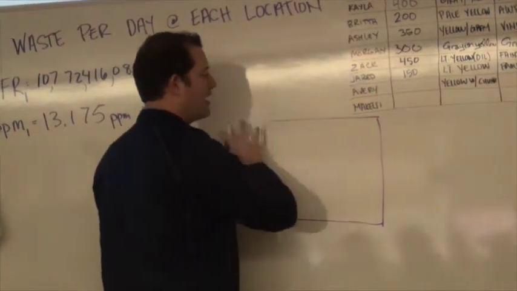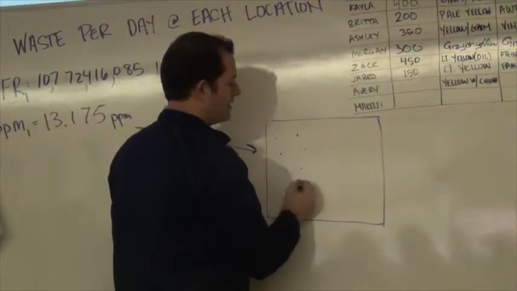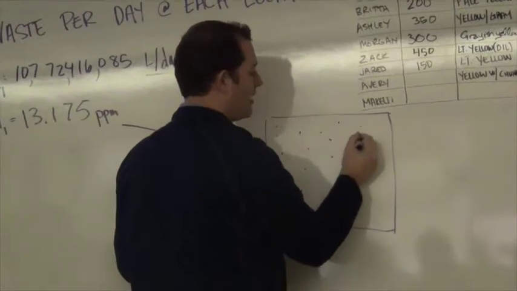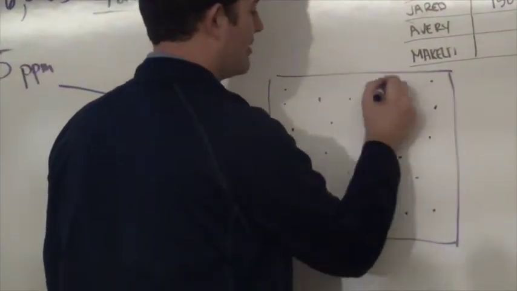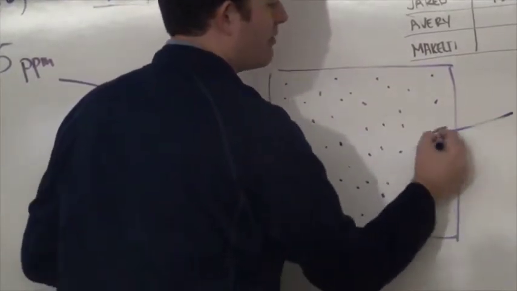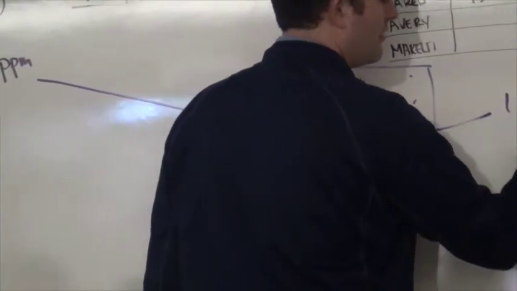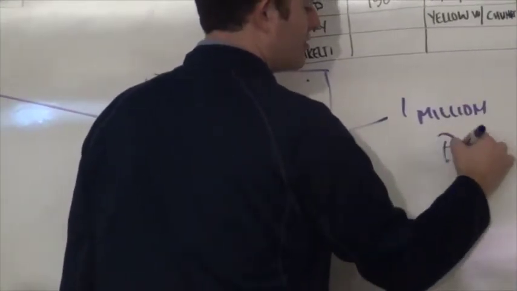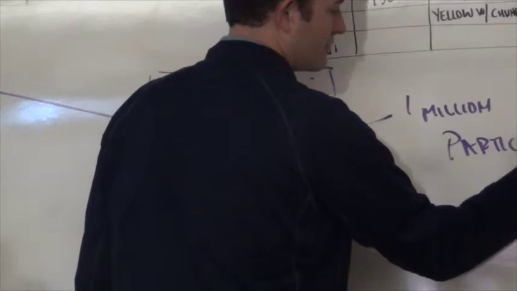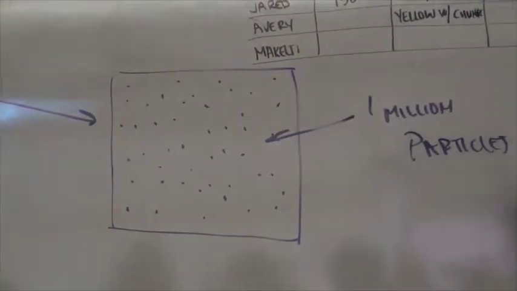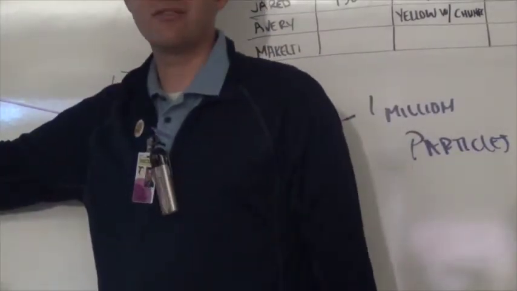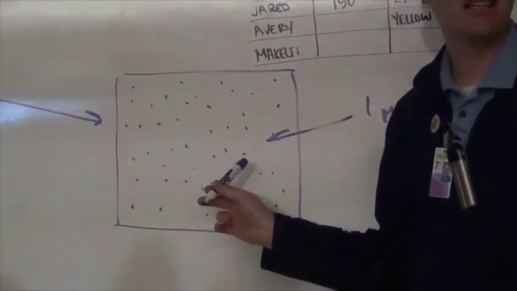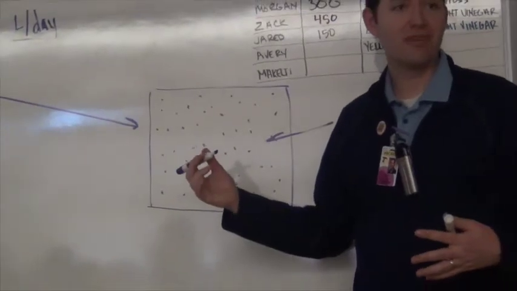Let's say I've got 1 million water molecules in here. So I go out to my river and I collect 1 million particles. What this is telling me is if I were to look very, very closely at that, 13.175 of them would be waste coming from that.